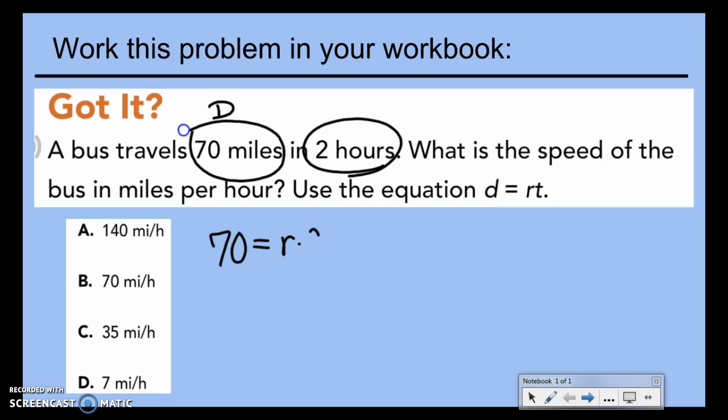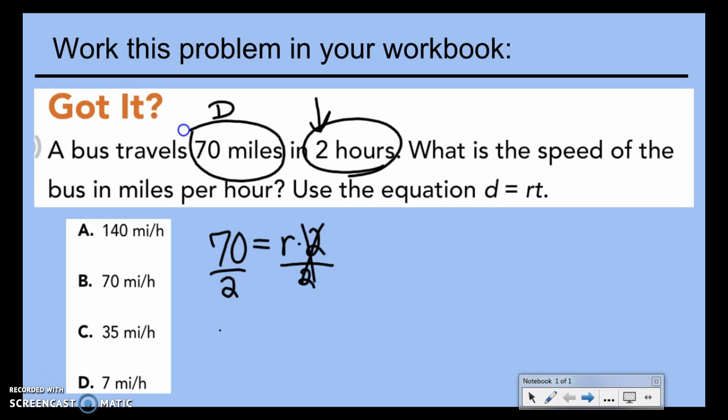Rate times 2. Again, since this is talking about hours and not minutes, we do not have to convert that at all. So it can stay as a 2. When you have a letter and a number side by side, you have to get that letter by itself by dividing. Divide both sides by 2 to get the R by itself. 70 divided by 2 and 2 divided by 2. The 2's cancel out.